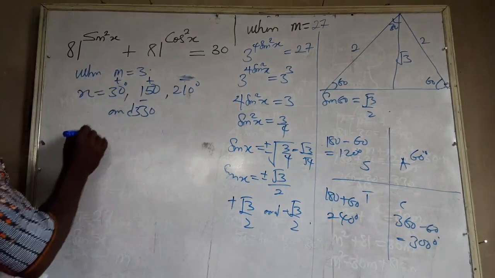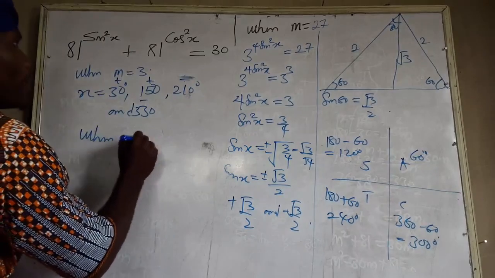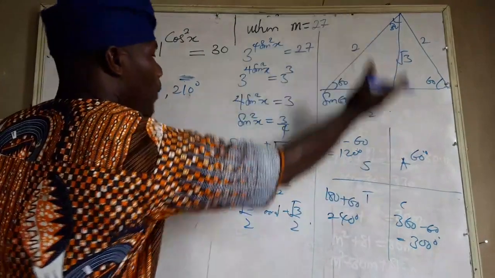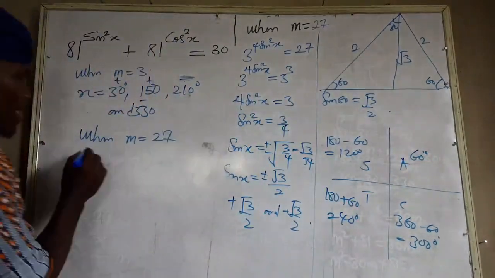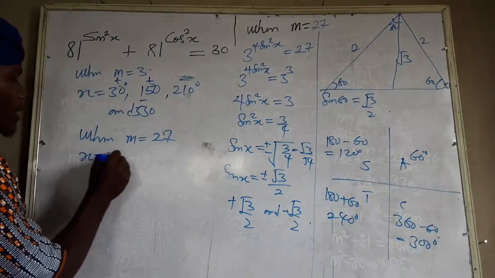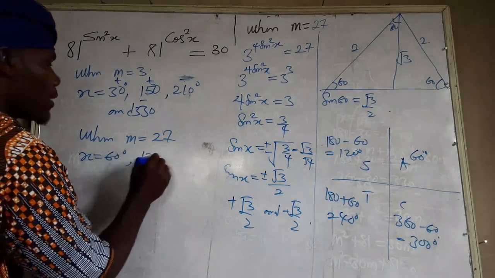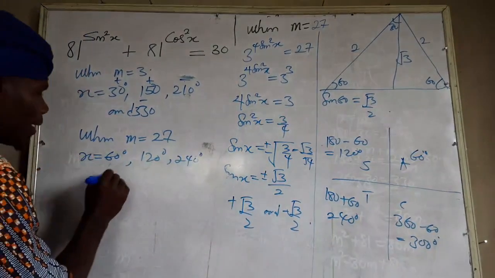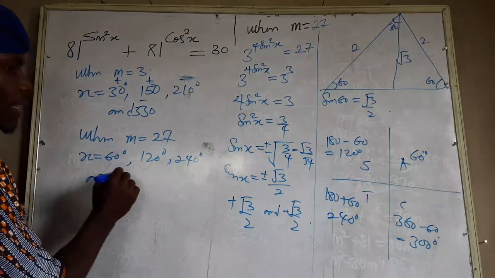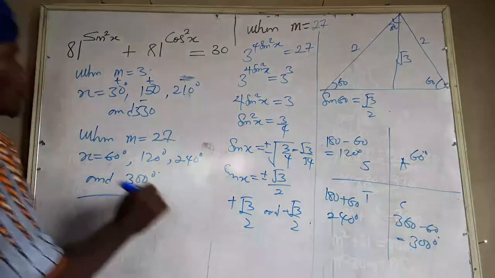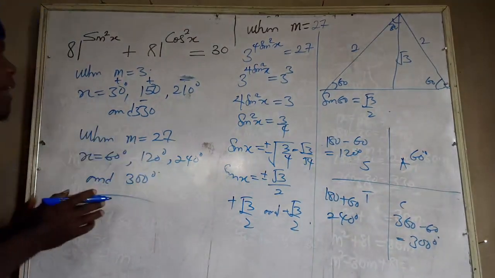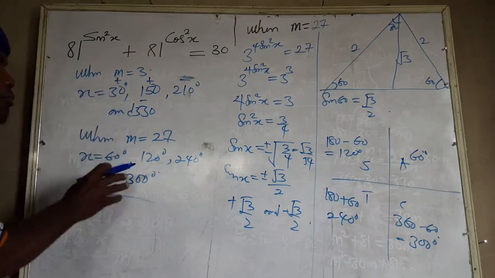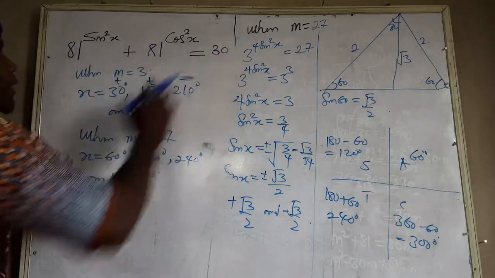So when m is equal to 27, these are the four values. These two sides are positive, the downward is negative. So therefore we have x is equal to 60 degrees, 120 degrees, 240 degrees, and x is equal to 300 degrees. So we have 8 values, the angles of the value of x for this equation.